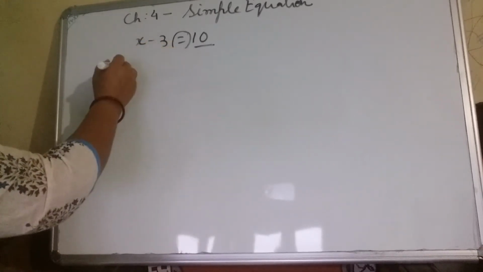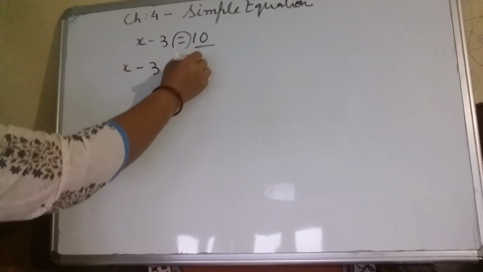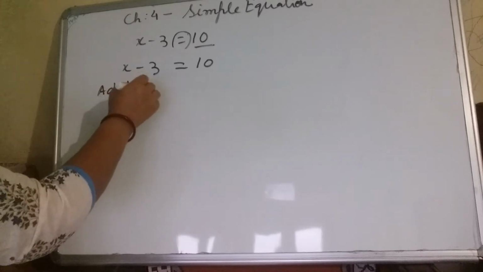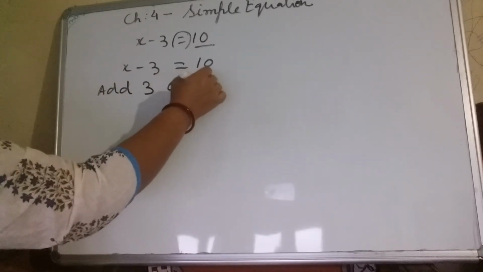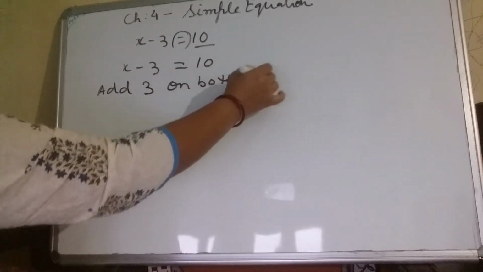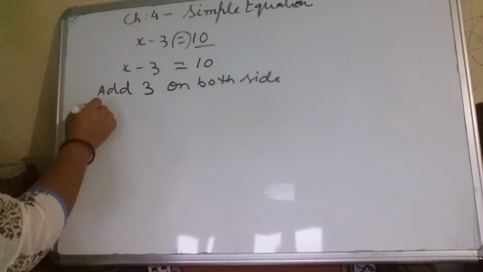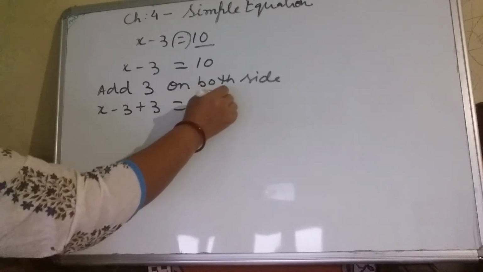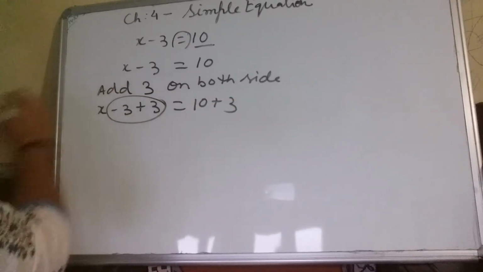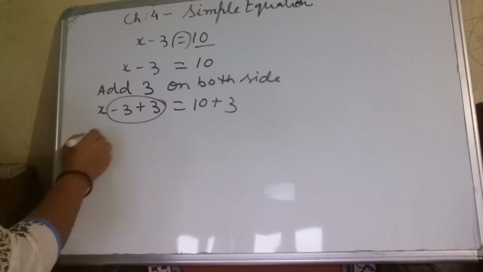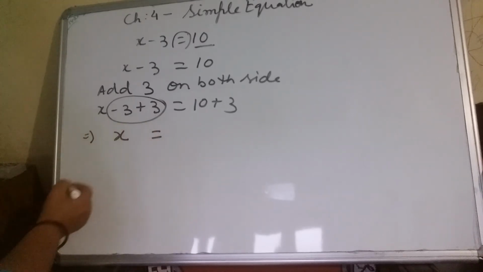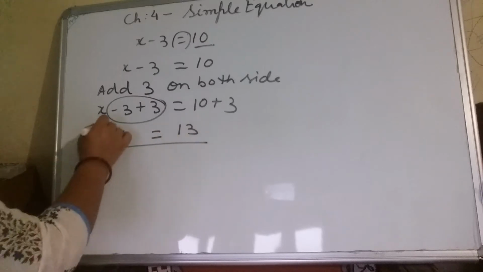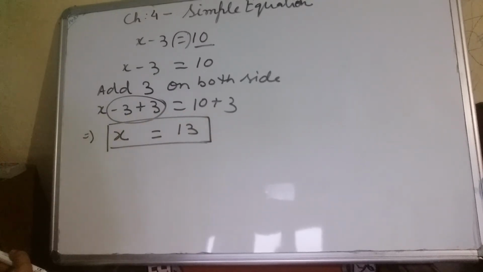So x minus 3 equals 10. Now if we add 3 on both the sides, what will I get? x minus 3 plus 3, so 10 plus 3. Now minus 3 plus 3 is 0, so in the left hand side only x remains. 10 plus 3 is 13. This way you can solve.